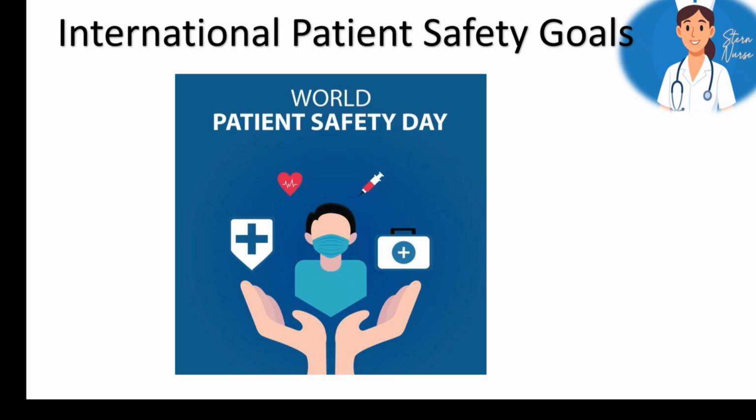So today we will see all the 6 goals one by one, their importance, and the actions to be performed for each of them.